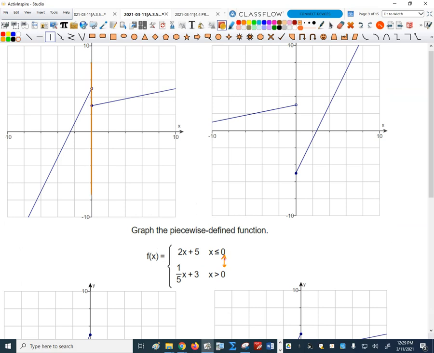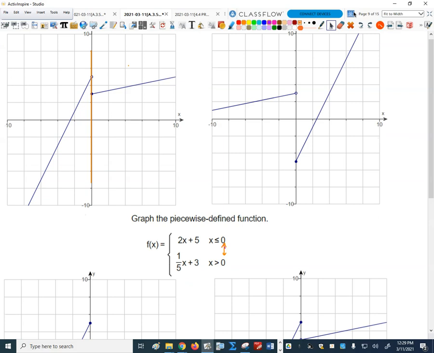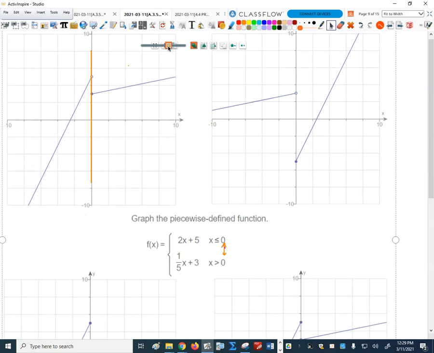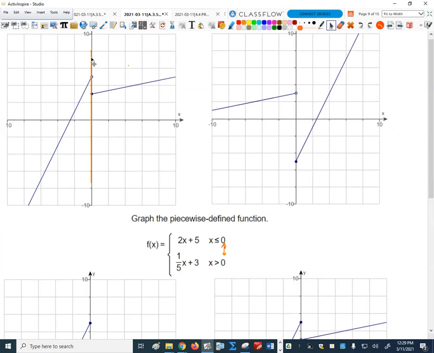So there's my line, right? Okay, so there's my boundary line, right? That's in the right spot. Let's see if the other parts are, though, right?